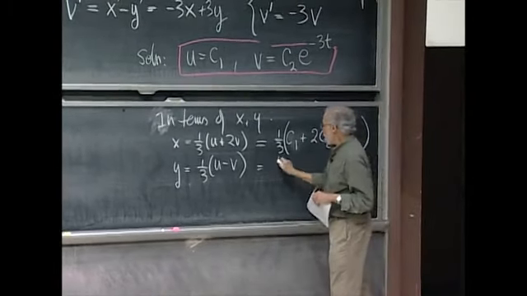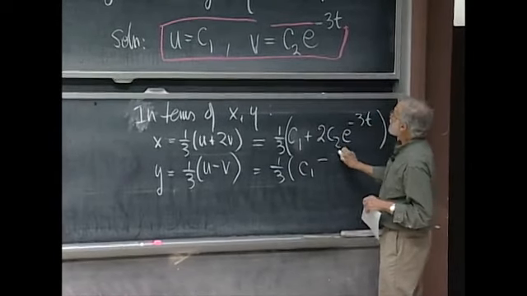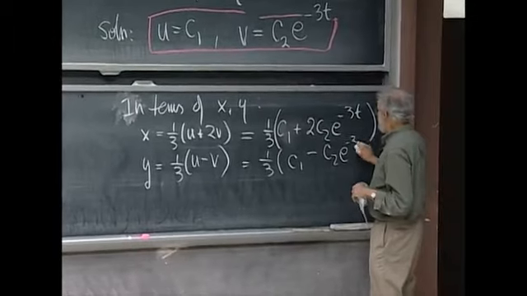And this is 1/3, what is it, C1 minus C2 e to the minus 3t.